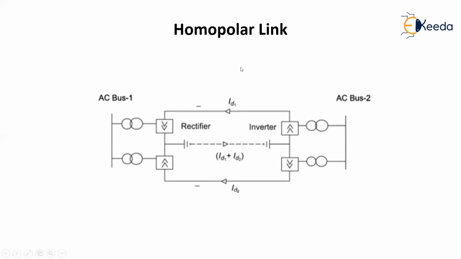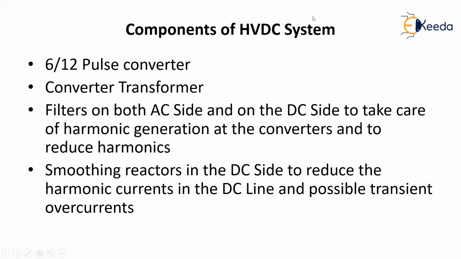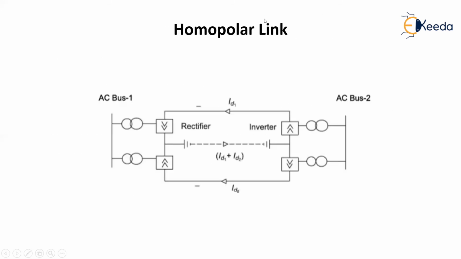In many cases, we show the homopolar link like what we have seen in the bipolar link. It will just be mentioned as, you might have seen, minus 500 kV. If it is just mentioned as minus 500 kV, it refers to a homopolar link. And a bipolar link we will always refer to as plus or minus 800 kV like that.